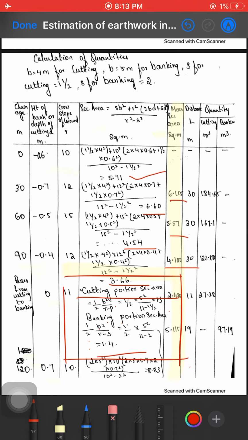Okay, similarly 3.6 plus 1.3 divided by 2, you get 2.4. Okay, next coming to the cutting portion, this is over till cutting portion, and then you will be considering this value. So 1.4 plus 8.83 divided by 2, you get 5.115.